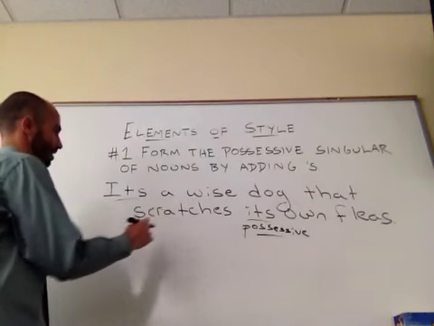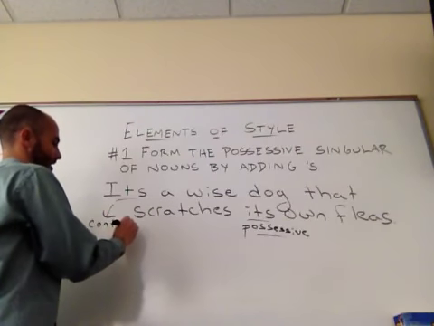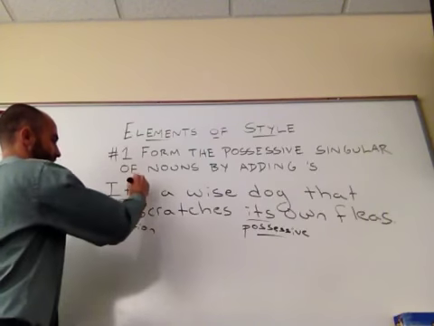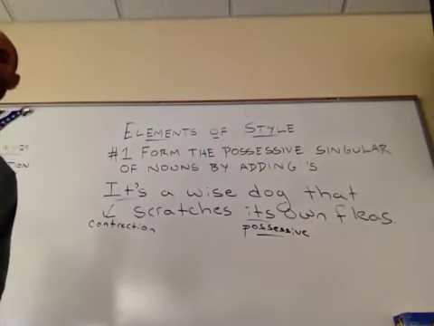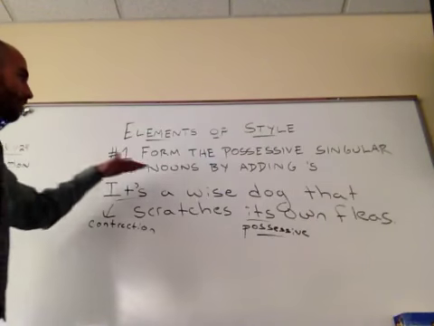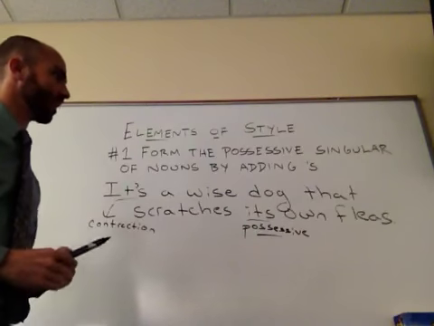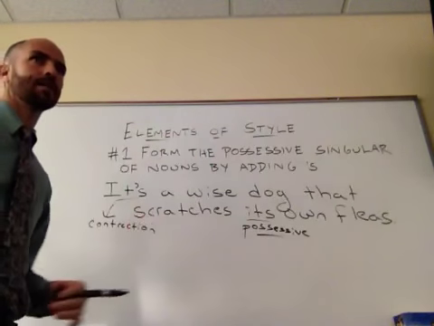But in this case it's the opposite. This is the contraction. What you're really saying is it is, so you need to have the apostrophe for the first one, not the last one. So in general, form the possessive singular of nouns by adding apostrophe s, no matter what the letter is at the end of the word.